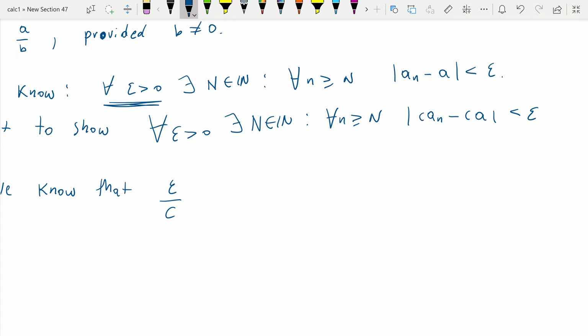Just the fact that we're using the same letter doesn't mean anything. For all numbers greater than 0, you can call it alpha, beta, whatever, there exists an N such that and so on. The only important thing is that it is a positive number. And this is a positive number. Note that epsilon over c is greater than 0.